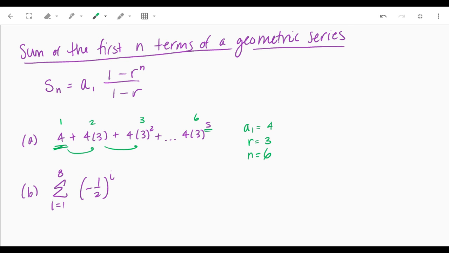All right, so the sum of the first 6 terms will be the first term, 1 minus 3 to the 6th over 1 minus 3. Okay, and you can use your calculator for this. So 3 to the 6th is 729.